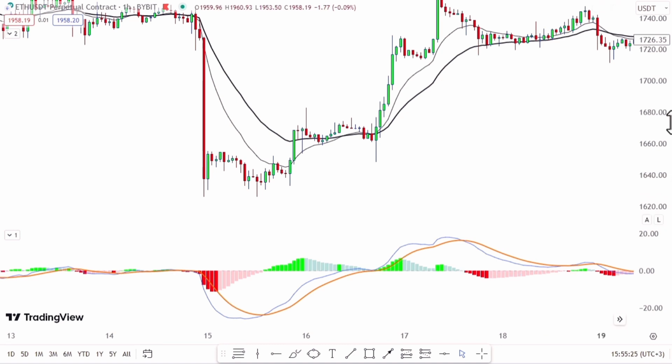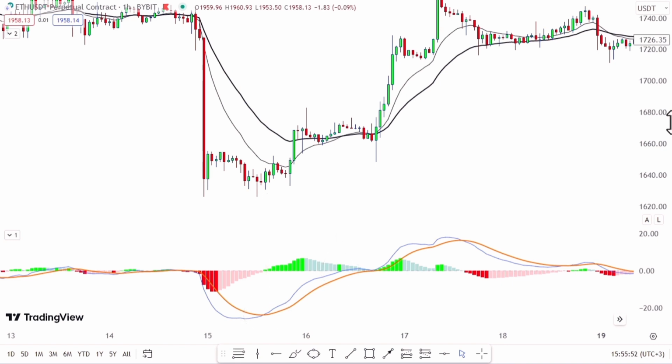Every time we have a crossover on the moving averages, we also have a crossover on the MACD, but it's between the MACD line and the zero line. But remember, what we look for in the MACD is not the zero line, but rather the crossover between the MACD line and the signal line. And so, as you can see, the crossover on the MACD gave a much earlier entry signal compared to the crossover on the moving average.